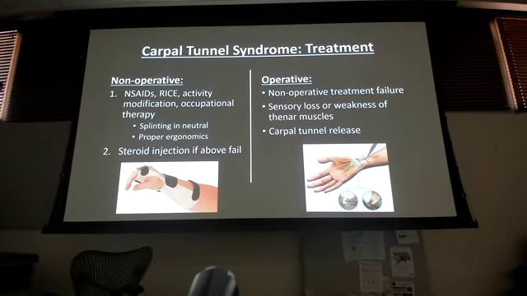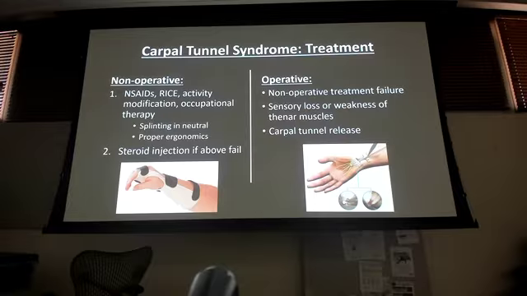So when you're talking about conservative care, everything else is the same, but then you start adding splinting in a neutral position. Does everybody know what a cock-back wrist splint is? You've seen recruits walking around the exchange with these wrist braces, where the wrist ends about mid forearm and holds the wrist in a cock-back position. Have you ever heard of the neutral beer can position, or Coke can, I should say?